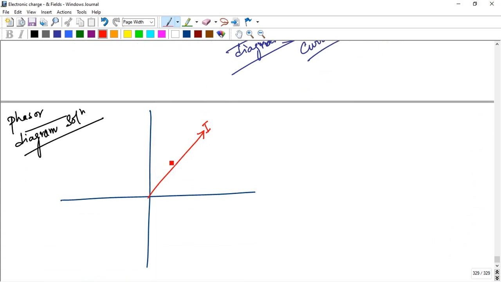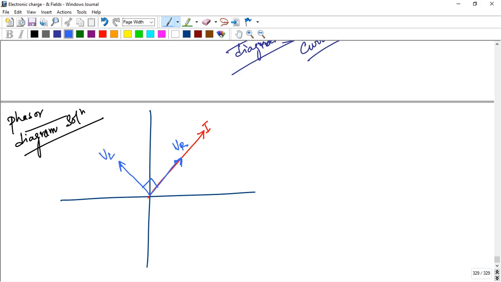Here the potential drop across the resistor, say VR, is in phase with the current, as we know from the previous class. There is no phase difference, so they overlap. Now the potential drop across the inductor, VL, leads the current by pi by 2.